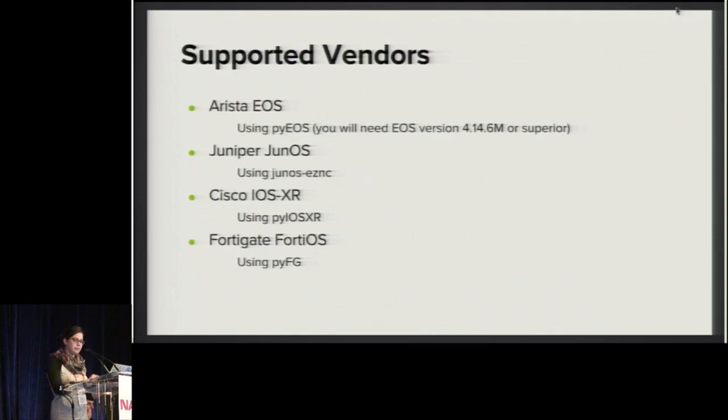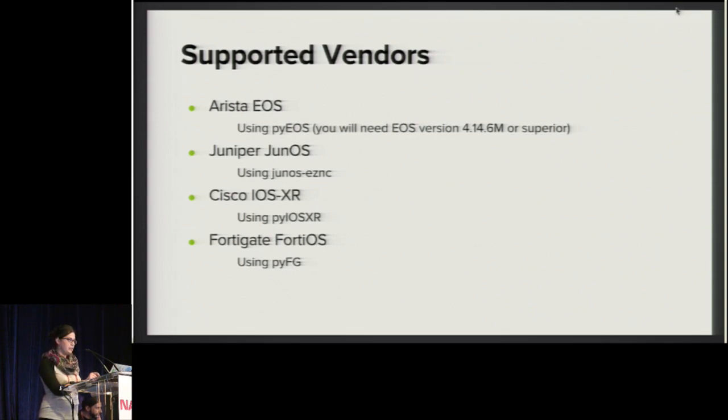Now, those are the vendors that we currently support: Arista's EOS, Juniper's Junos, Cisco's IOS XR, and FortiGate. Mainly because those were the vendors that we were using at that time, and that's what we needed. For some of them, there were already existing libraries, so this is a pure abstraction layer.